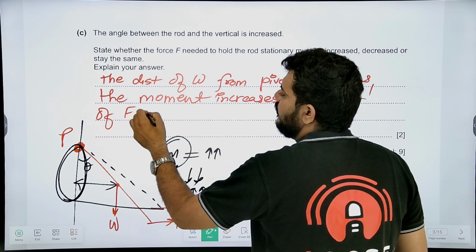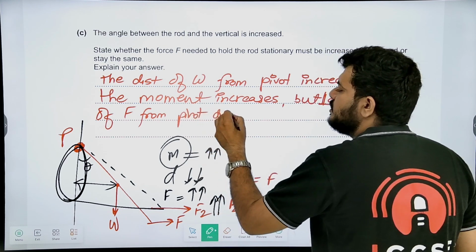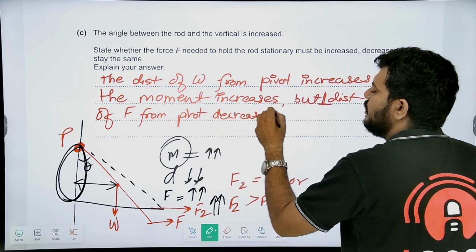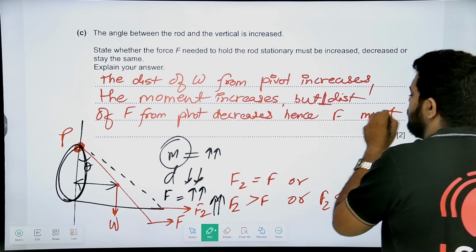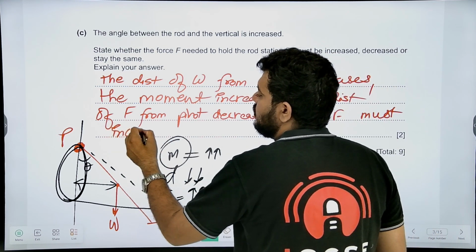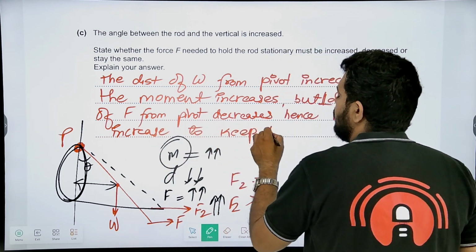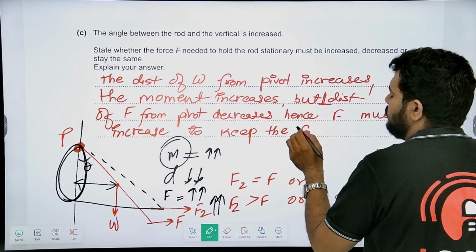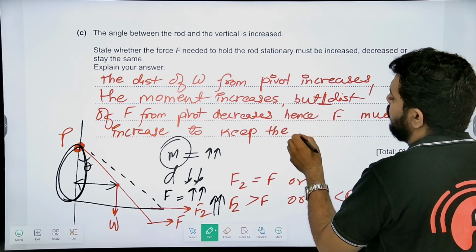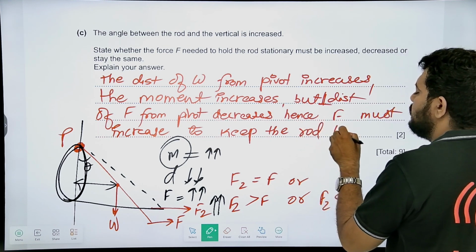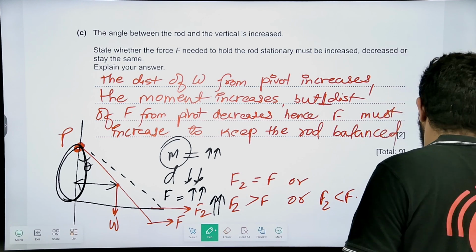Perpendicular distance of F from the pivot decreases, hence F must increase to keep the rod balanced, right? Or stationary. That also works.